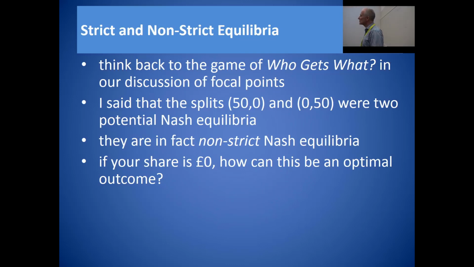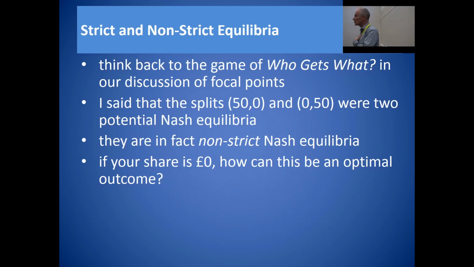Would Tanya have an incentive to deviate? I chose £50. What happens if Tanya chose £1, or £2, or £3? She won't get any money, because we don't win the game. If I'm going to choose £50, it doesn't really matter what Tanya did.